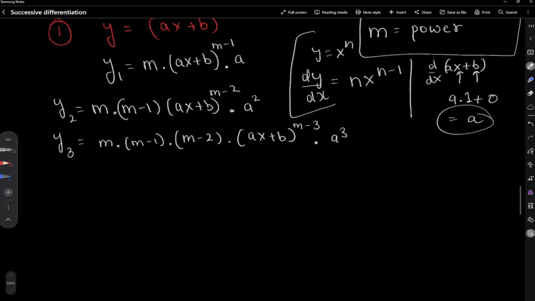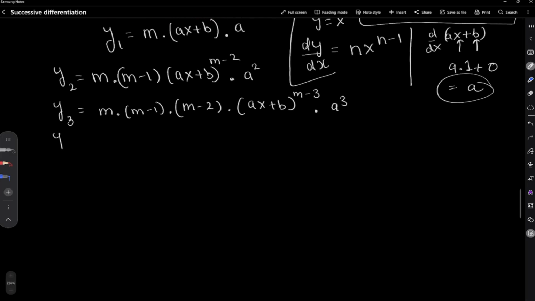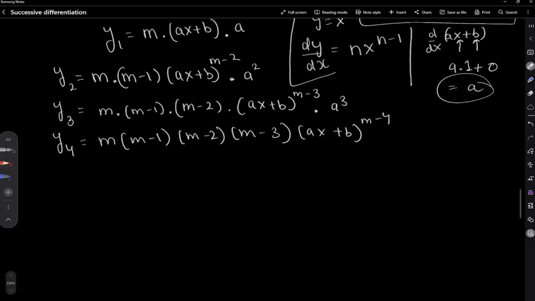Now the fourth derivative should be very easy now. m, m minus 1, m minus 2, m minus 3, (ax plus b) to the power m minus 4, times a to the power 4, because we don't have any analogy for a to the power 4. Kind of unfair, but okay.